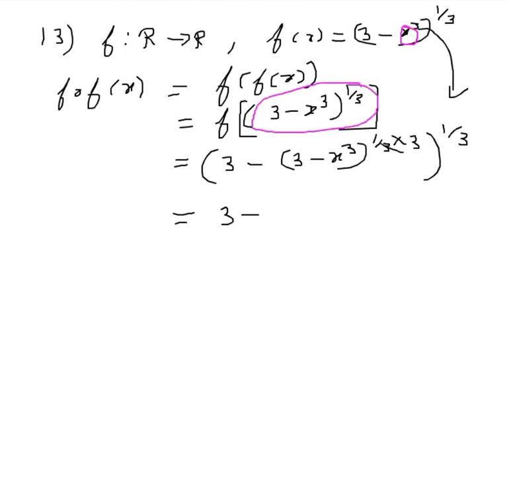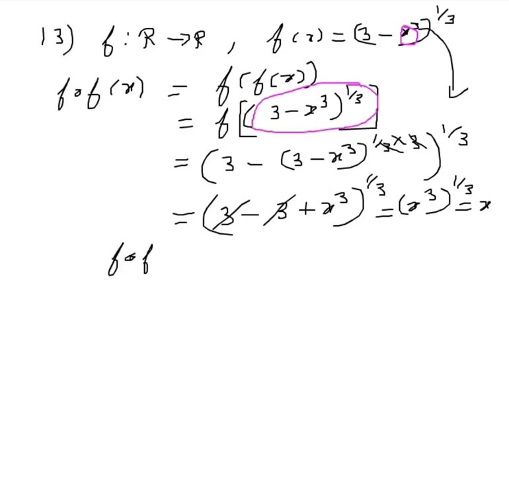Let us simplify this expression. We can cancel the 3's. So it becomes, distributing this minus sign, whole raised to 1 by 3. X cube power 1 by 3 becomes x, which is an identity function. So the answer is x itself.